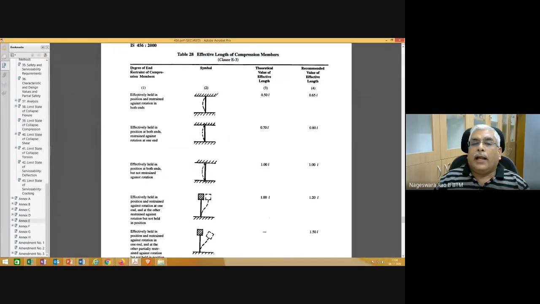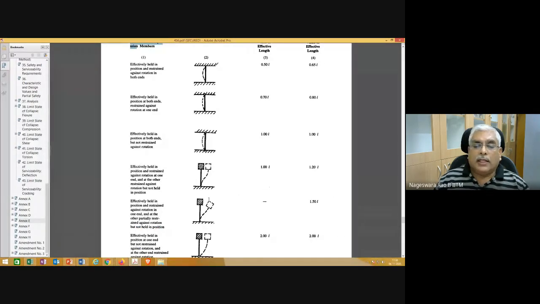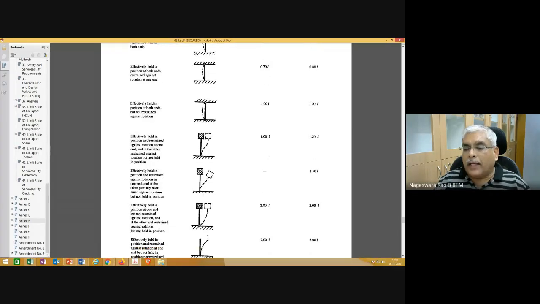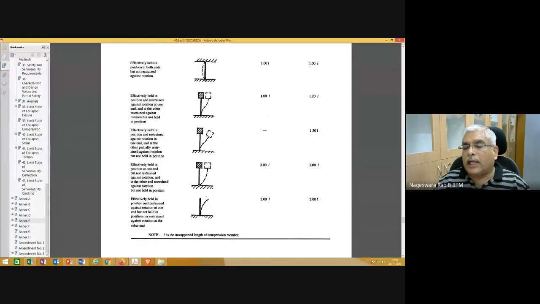Degree of end restraint of compression members: you can see here fixed and fixed, fixed and hinged, hinged and fixed, and fixed and free. Here the top end is held in position, but relative movement is allowed, and here the top end is not held in position. That is this case. And this is hinged, with the top end held in position, and fixed and free.